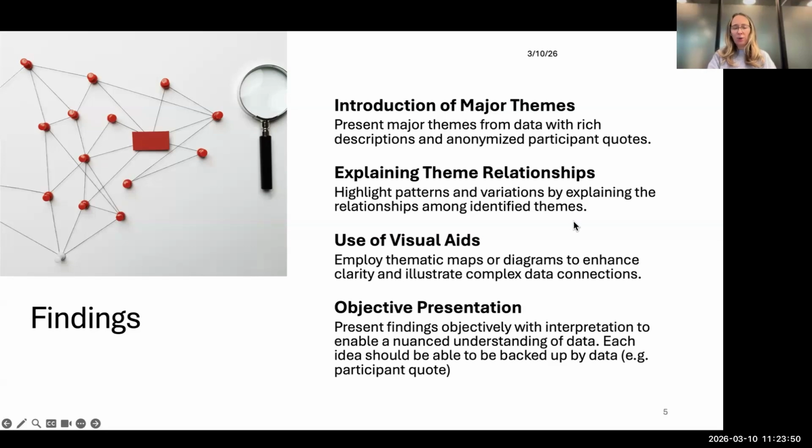Other things that you want to do whenever you're publishing this work is to explain the relationships that are happening in the themes, the relationships or the patterns, the variations, anything that you're seeing in the themes or in the data. So again, you do not have to do themes.